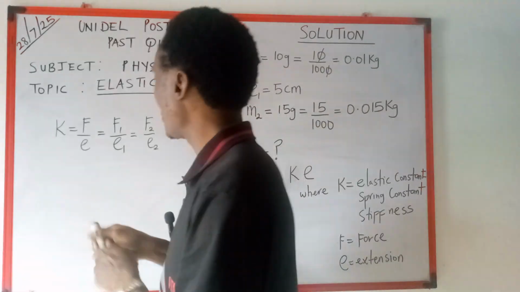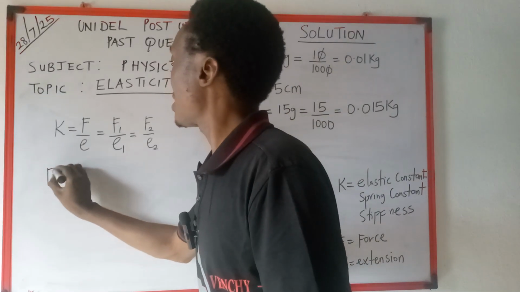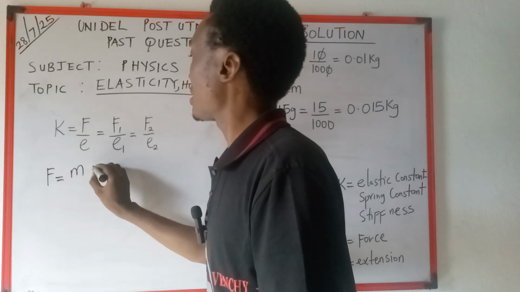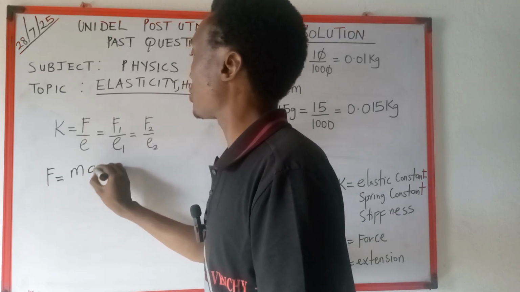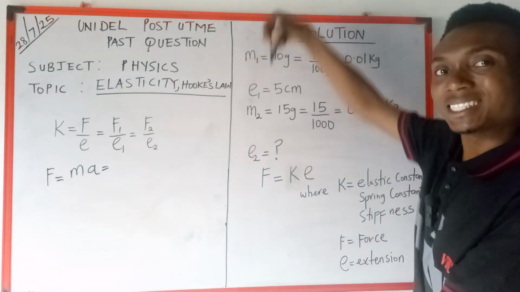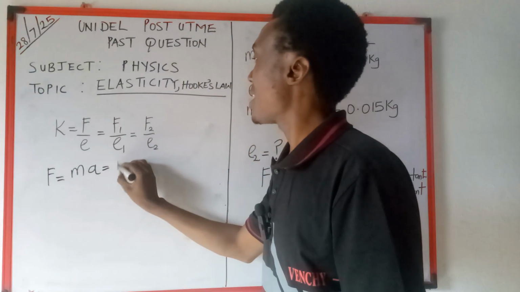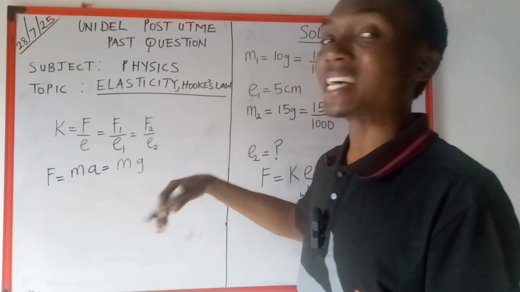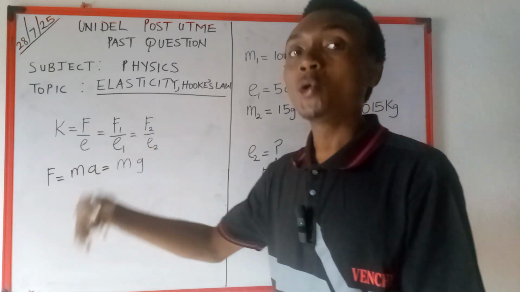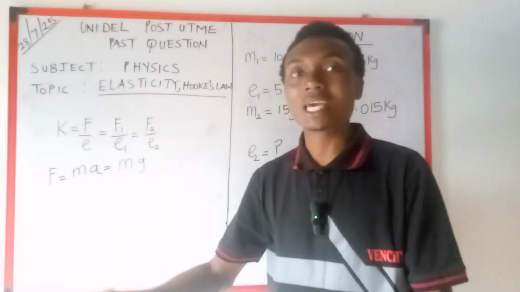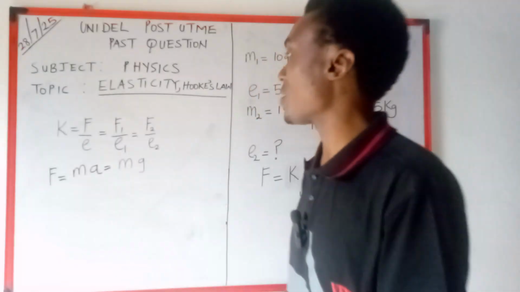From physics, we know that force is mass times acceleration. Since the spring balance is acting downward, we are free to say F equals mg, where g is the acceleration due to gravity, a constant given as 10 meters per second squared.